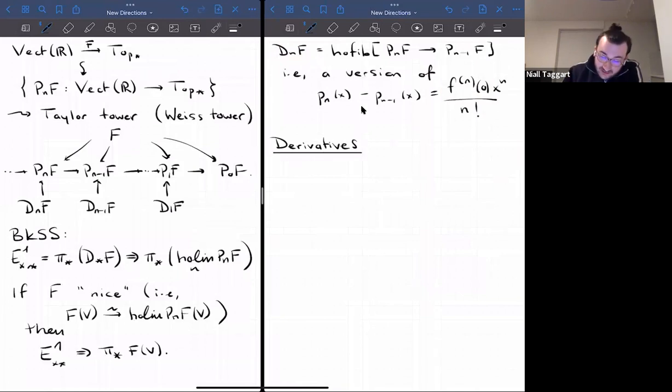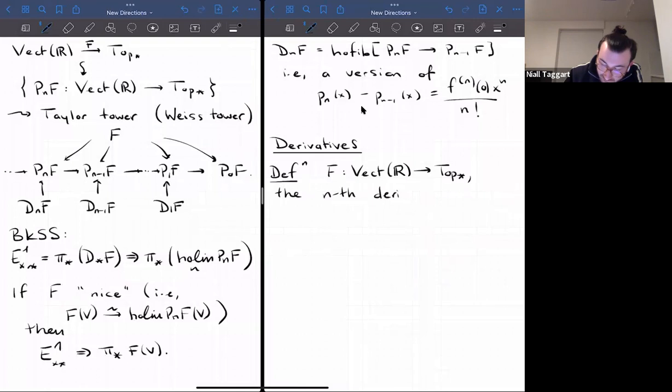Okay, so let me just, again, say I'm working with a functor from vector spaces to spaces. Let me give you the definition of the nth derivative and then tell you why this is something you might care about. So if you have some functor f, then the nth derivative is given by a homotopy fiber sequence.